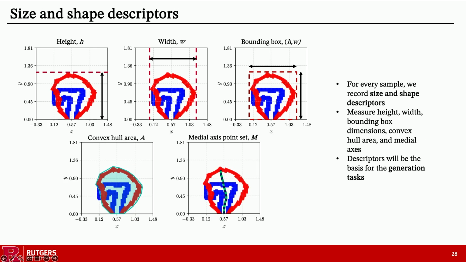Okay. So how do we describe the deformed shapes? We come up with some simple descriptors: a height, a width, a bounding box, or an aspect ratio, the area of the convex hull, or what we call the medial axis, pretty much the midpoints of the deformed shape. That gives us an idea which way the structure is going to go.